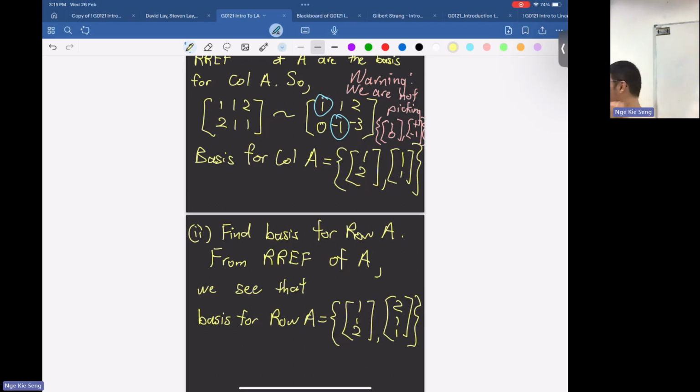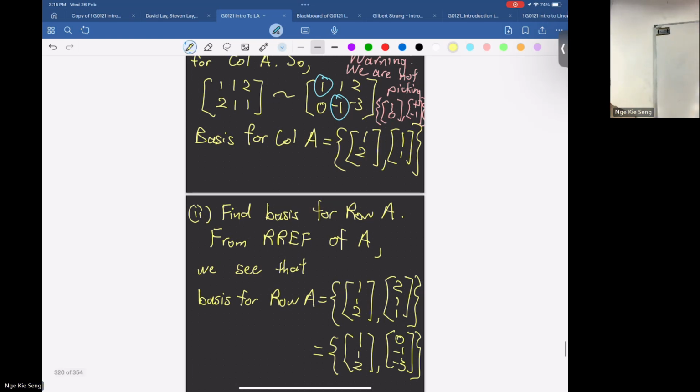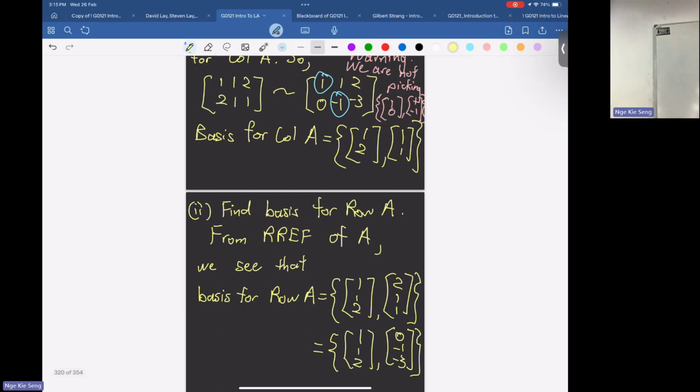But for rows it's a bit special. You can take the row vectors coming from your REF. Why can you do this?